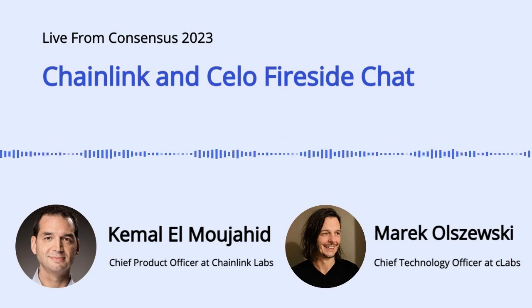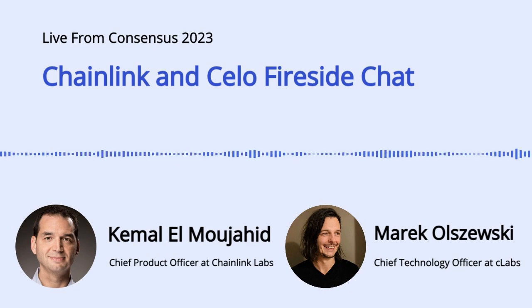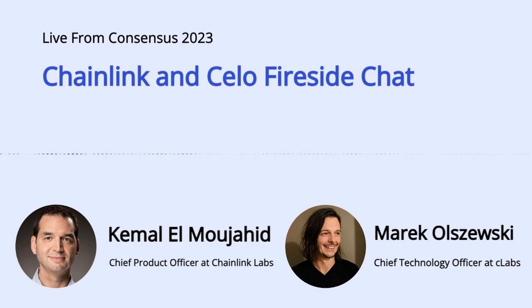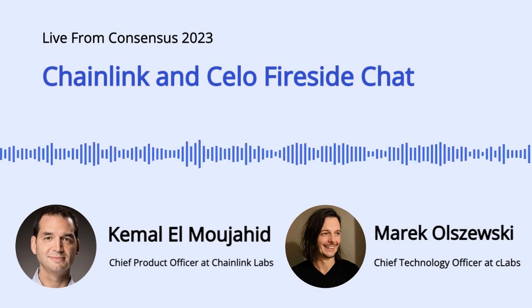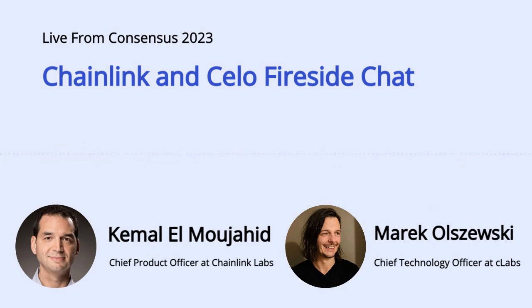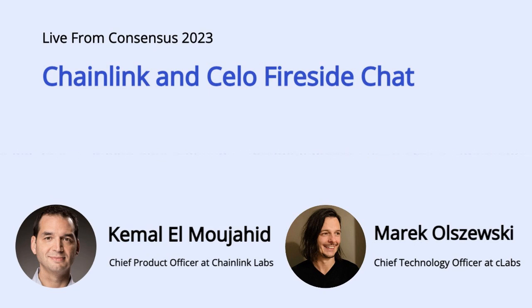So these are the three main areas that we help developers with, and we're really excited to bring this to the Celo community. I think the mobile-first angle is really incredible. I think this brings a level of accessibility that will open up really interesting use cases.